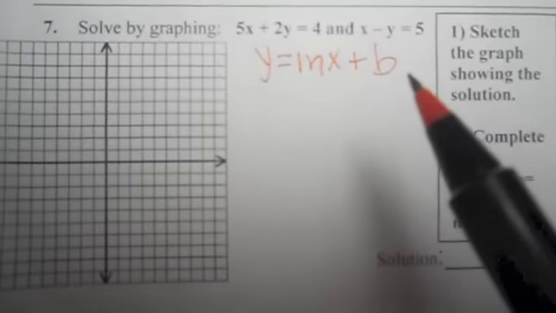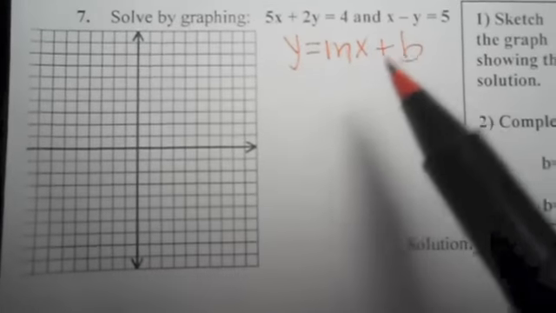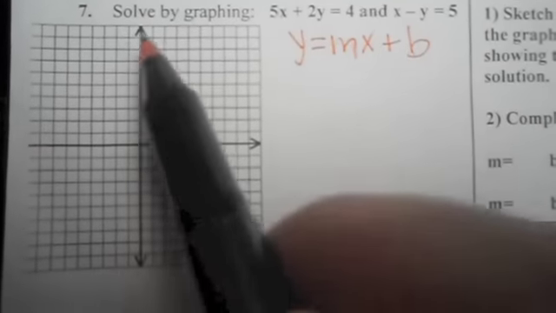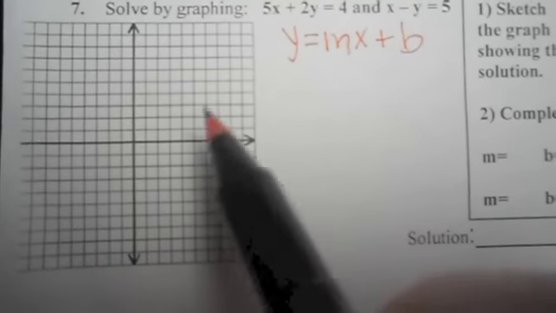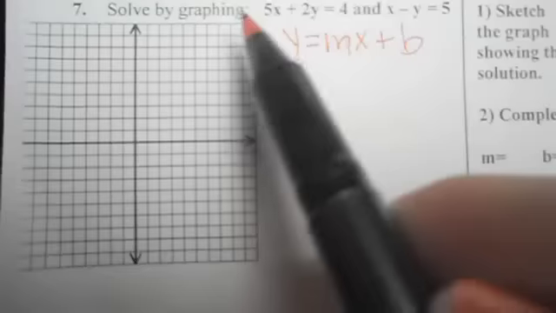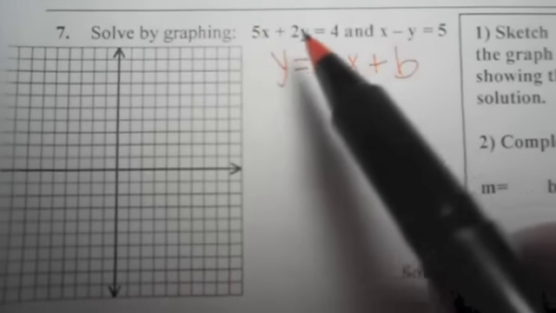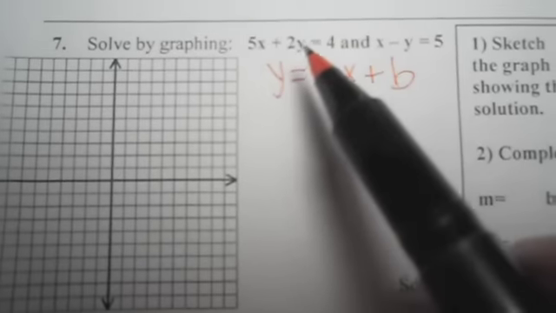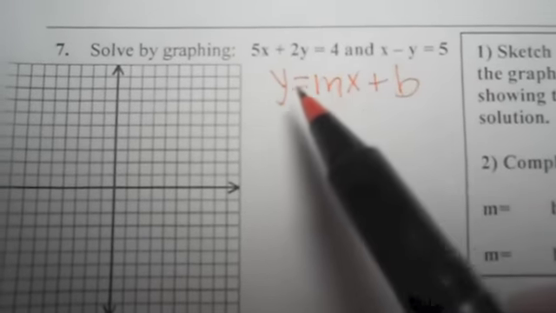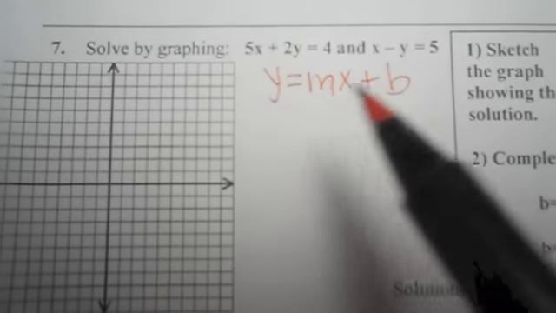The reason is that's the only way we know how to graph a line, by knowing the b, which is the y-intercept, and then using the m to get the other points, whether it be up or down, depending on if it's positive or negative. So we need both of these equations in that form. Neither of them is in that form yet because y is not by itself in either one. So we just have to get to work.